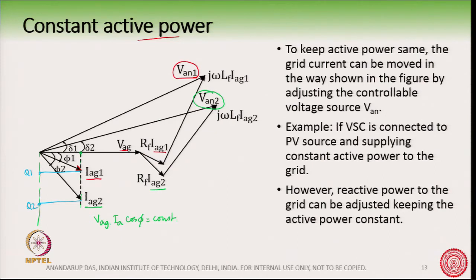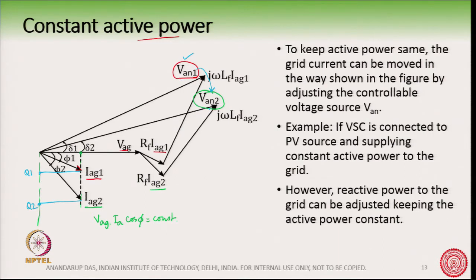So, by shifting the VAN1 to VAN2, we have kept the active power into the grid constant, but we have changed the reactive power supplied by the voltage source converter into the grid.